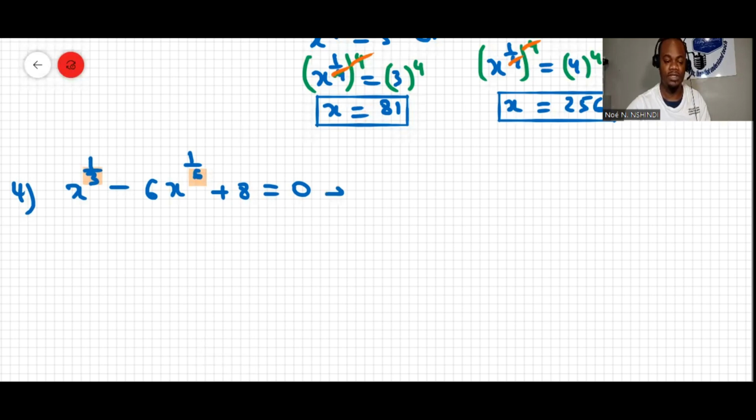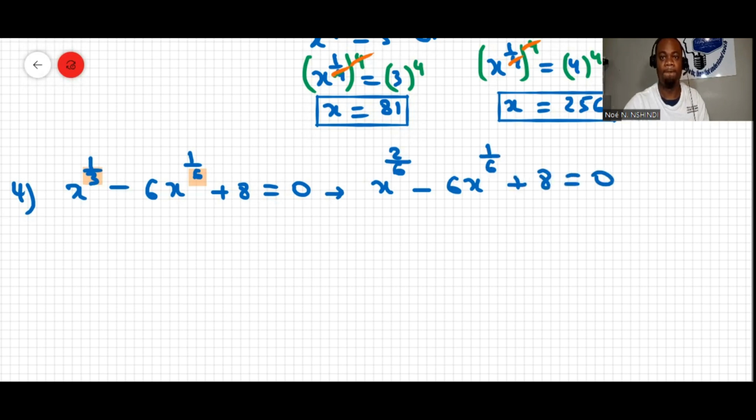So instead of writing 1 over 3, I'll write 2 over 6. We do know that 2 over 6 is 1 over 3.